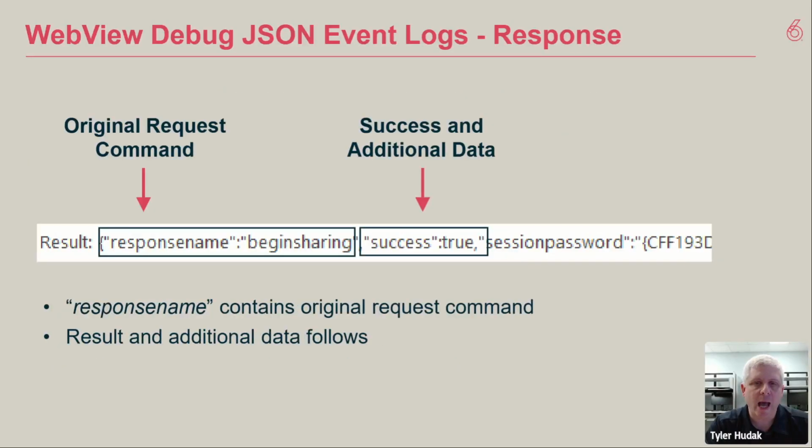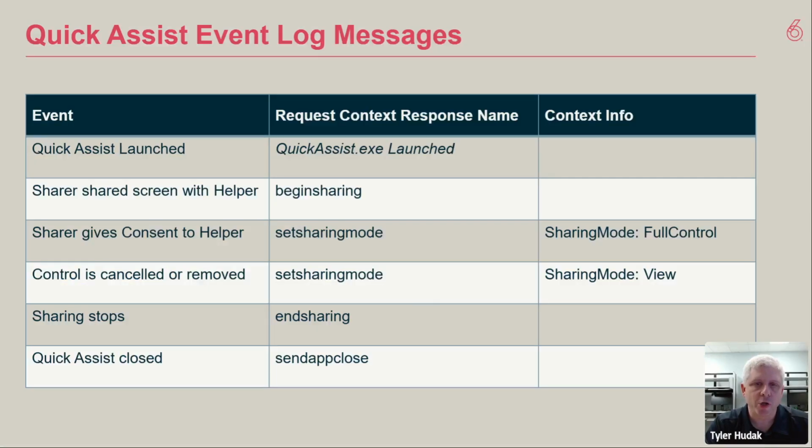There are a couple key actions which are useful to look at. We already know about the Quick Assist launch, that one log entry. You'll just see the string quickassist.exe launched. That means that Quick Assist was run.